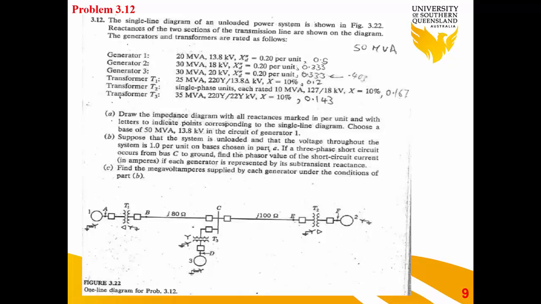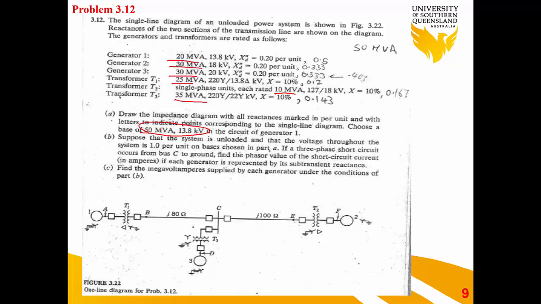The generators are rated 20 MVA, generator 2, generator 3, and the transformer ratings are different: 25, 10, and 35. But there is a given condition: you have to use your base. You have to follow that reference, which is selected, and then solve the problem.